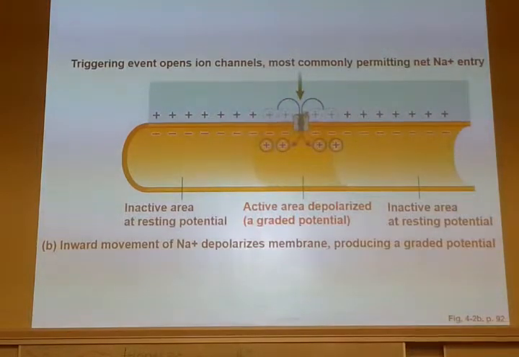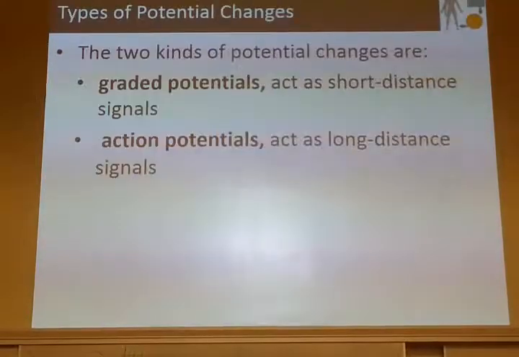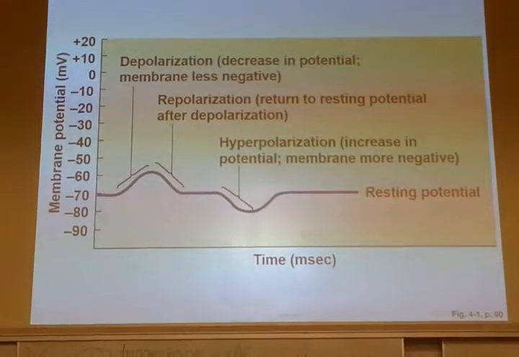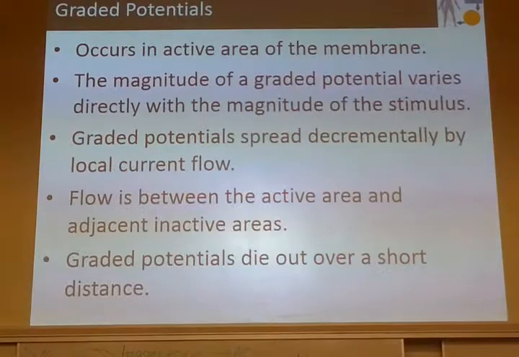But as they diffuse away from each other, as they get further away from each other, they have less of an effect on the inside of the cell. So you may start out with positive charge coming in, but as the charges diffuse away, you'll go back towards the negative charge inside.